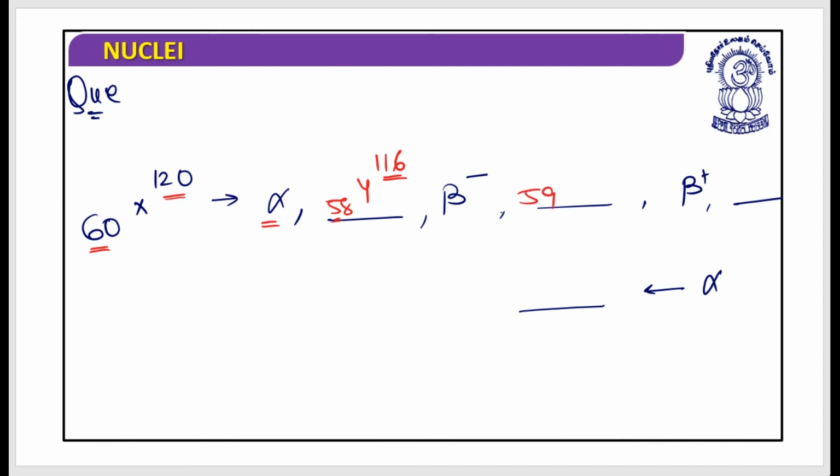It's 59Z116. Great. Next the beta plus is to be emitted. When beta plus is emitted, I need to release 1E0, so again it would be 58Y116. Now again an alpha particle is emitted, so it's 2He4, so this is 54, 112. Let me give it a new name: 54W112.